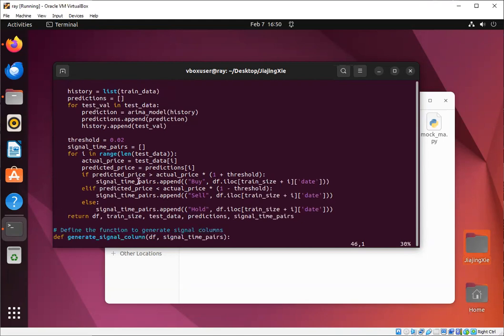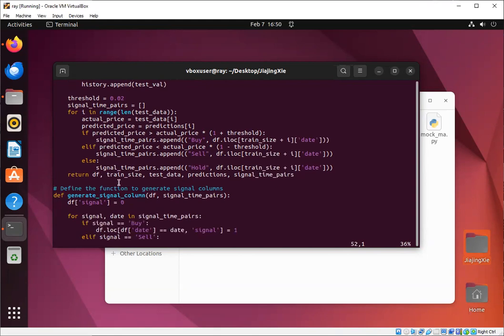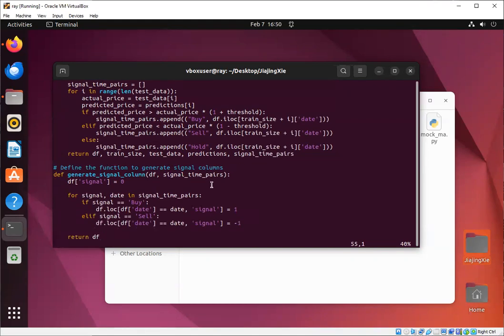This is how we decide whether we should buy the stock, sell the stock, or hold the stock. It's going to return the DF, the training sets, the test data, the prediction and the signal.